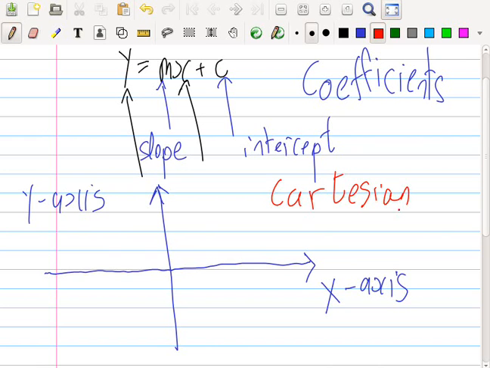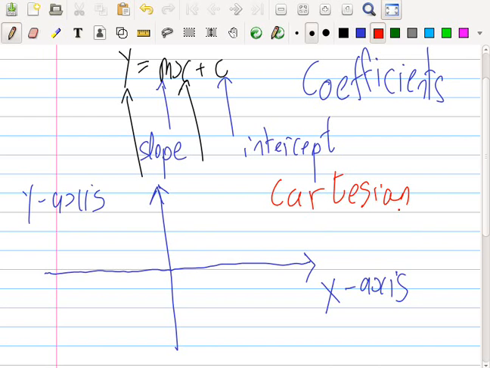And this is called Cartesian, and Cartesian isn't really a word in English so much. It's called Cartesian because it's named after the person who discovered this graph. So you don't have to really worry about what Cartesian means because it's a name. And most people actually call it an XY graph anyways.